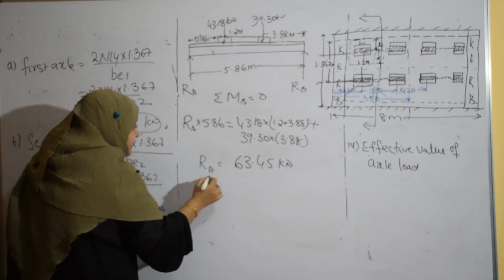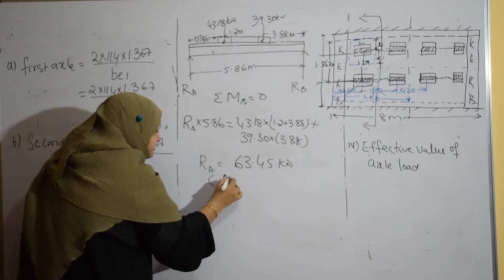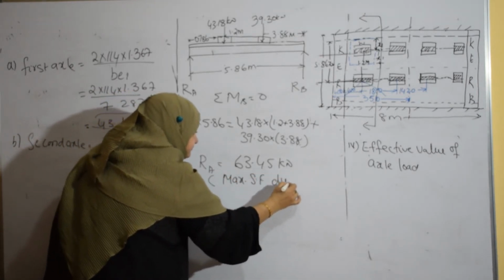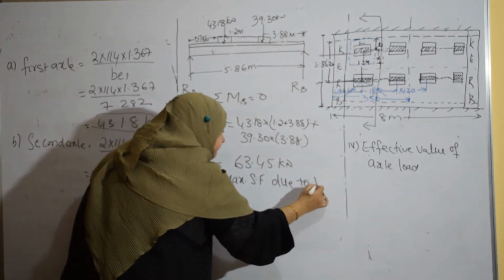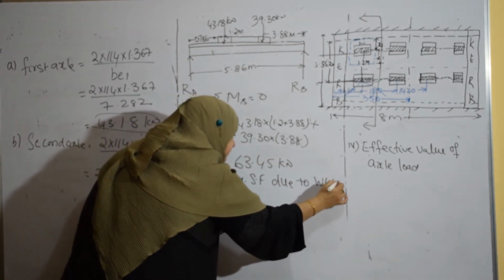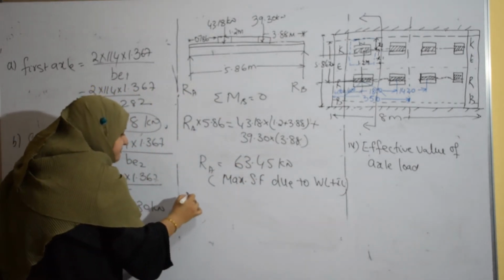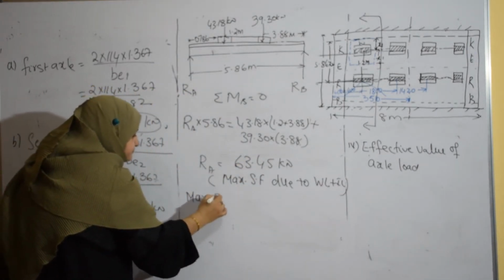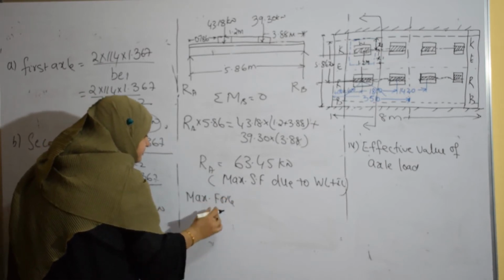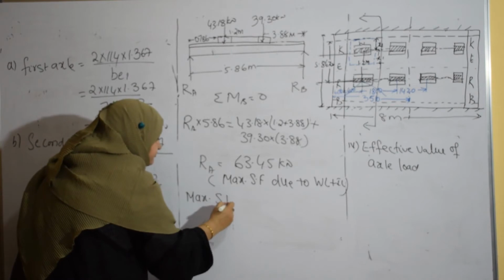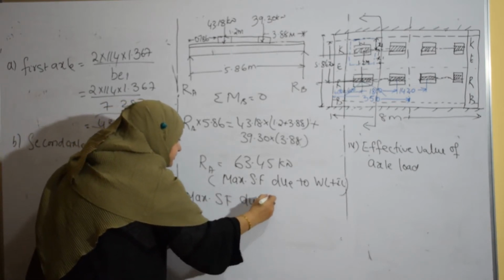I'll just write maximum shear force due to wheel load plus impact load. This was 63.4. Now I also want the maximum shear force due to dead load.